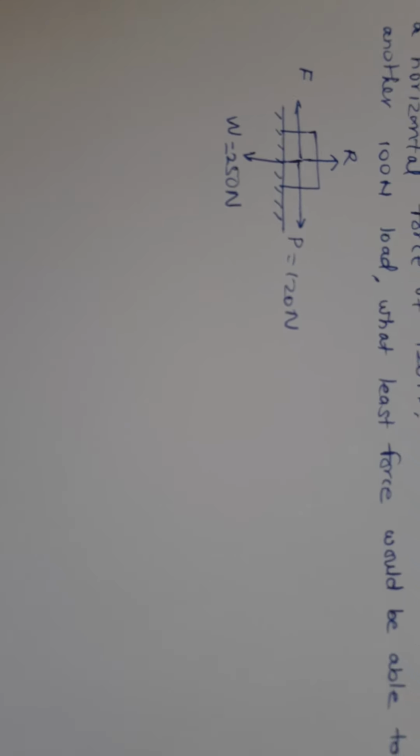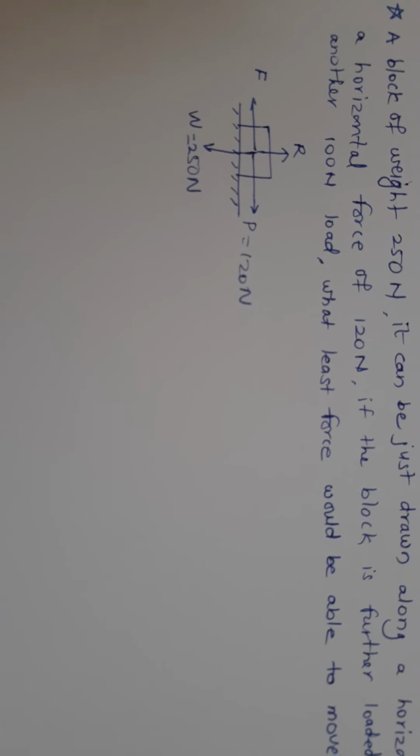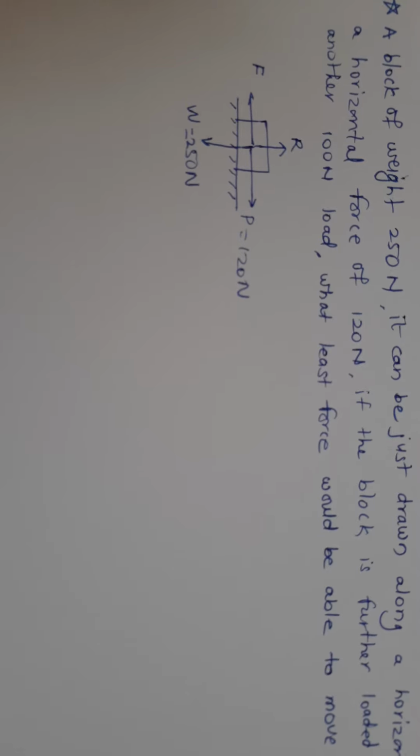If the weight W is in downward direction, normal reaction R will be in upward direction, and if the applied force is in right direction, frictional resistance or frictional force F will be in the left direction. So this is the free body diagram which we can draw for the first case.